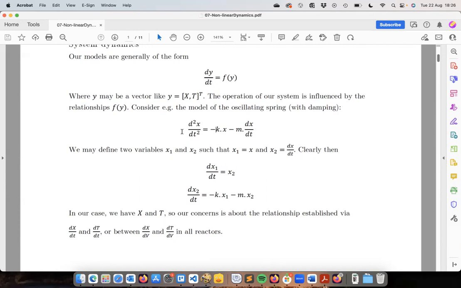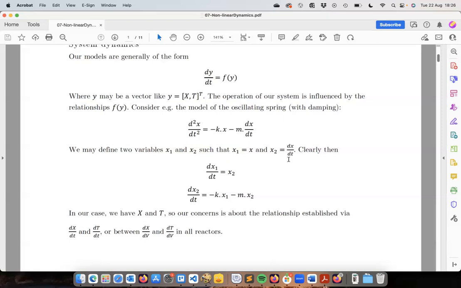Then we can look at our balance here. So our original equation, where we don't like this second order derivative, we can drop the order quite easily because now we have this x2. If we differentiate x2, if we take dx2/dt, then that's going to be a derivative of the right-hand side.